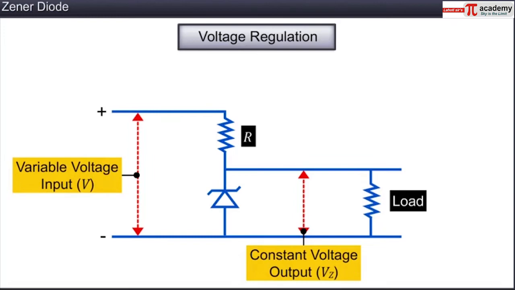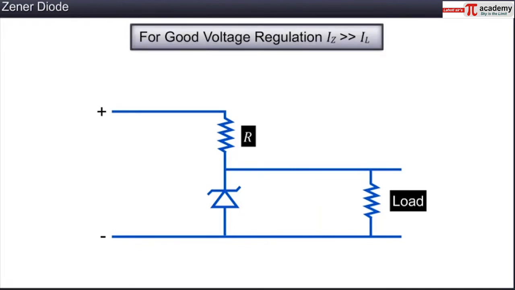Hence, the Zener diode acts like a voltage regulator. The choice of the Zener diode depends on the required output voltage. Zener diodes are available with output voltages ranging from a few volts to hundreds of volts.